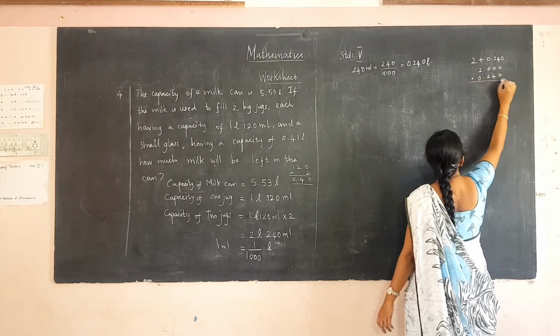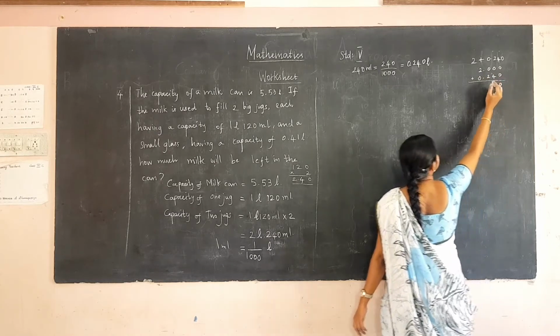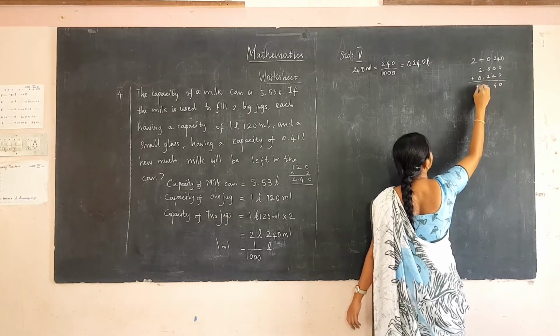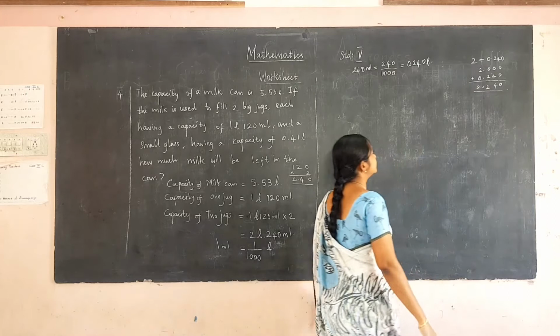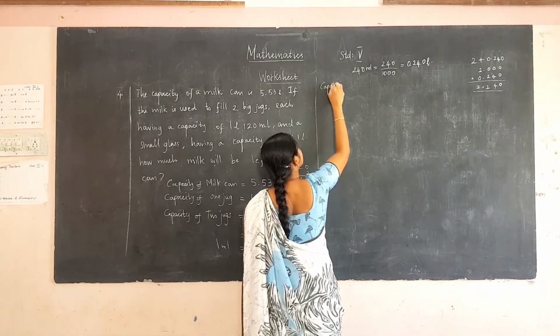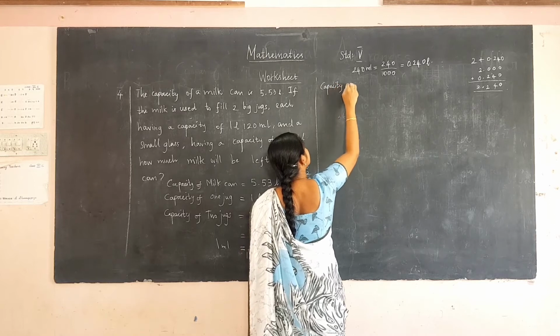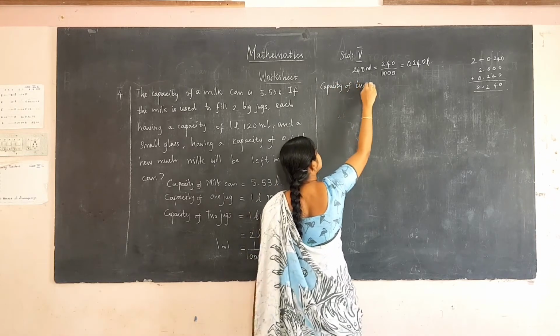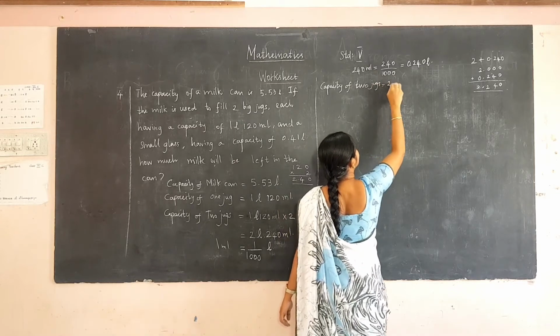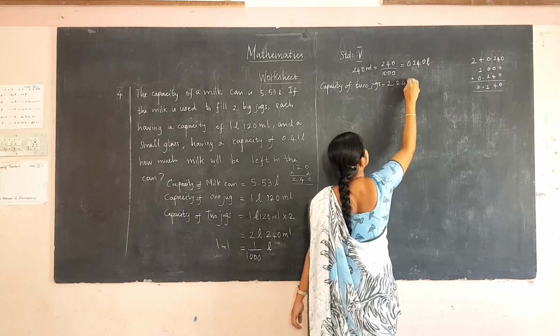If we add 0 plus 0 is 0, 0 plus 4 is 4, 0 plus 2 is 2, keep the decimal point, 2 plus 0 is 2. So, capacity of 2 jugs is equal to 2.240 liter.